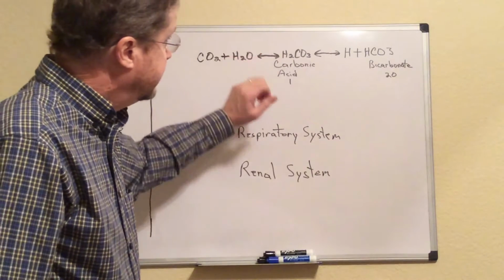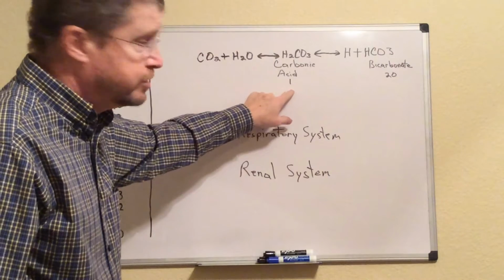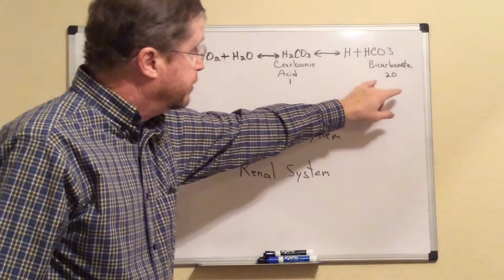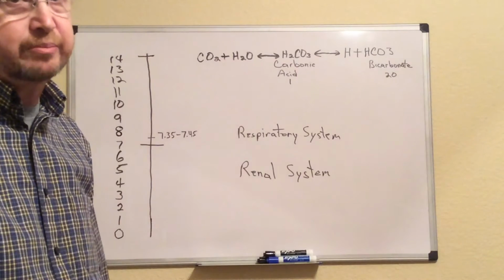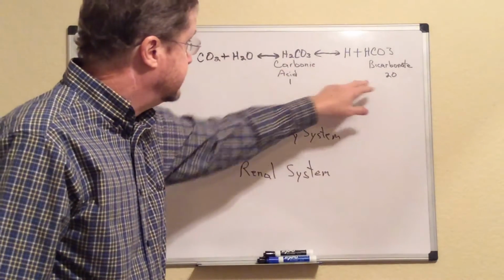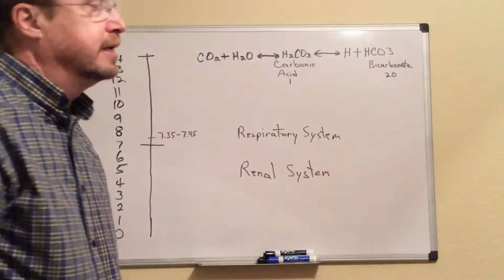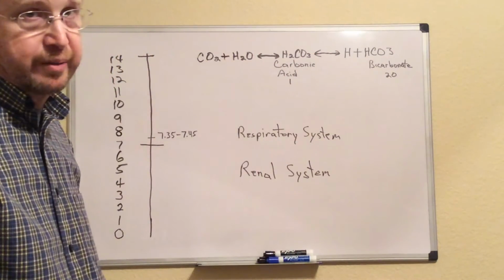So you can see that the body immediately takes carbon dioxide, which turns into a weak acid, and converts 70% of it into an alkaline substance, a bicarb. That then counterbalances the remaining carbonic acid that did not break down and is left in the bloodstream.